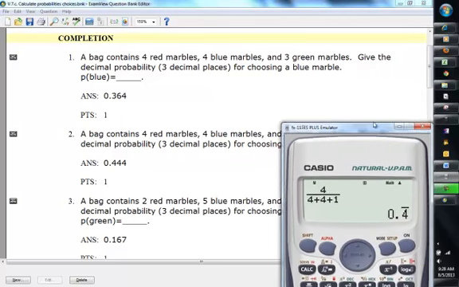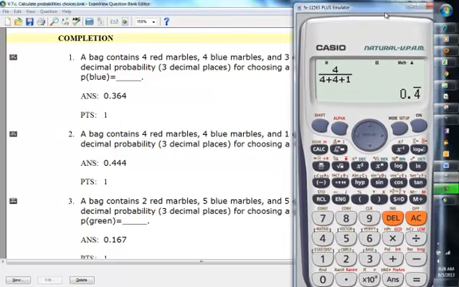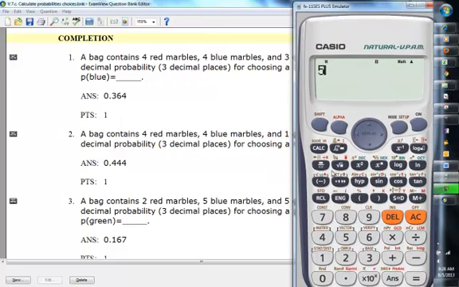A bag contains 2 red, 5 blue, and 5 green. Of choosing a green marble, so 5 over 2 plus 5 plus 5 is 5/12, which is 0.416.